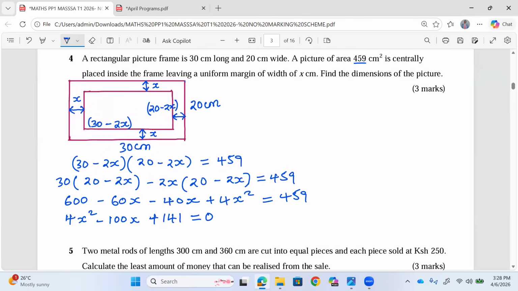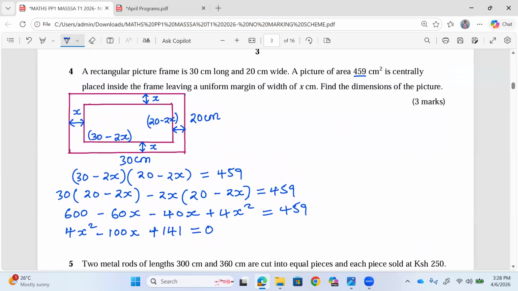Now that I'm teaching Form 4s and Form 3s, to solve a quadratic equation, we can use any of the 3 basic methods. We can use the quadratic formula, we can use the factorization method, and we can use the completing square method. So we can prefer which one? The formula.